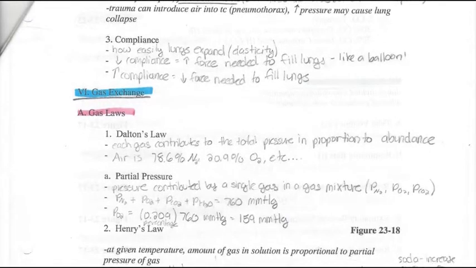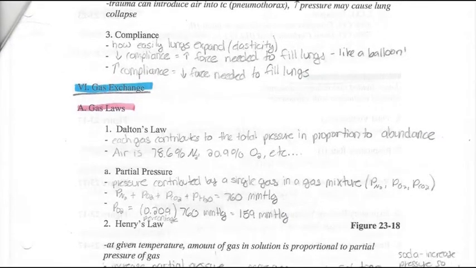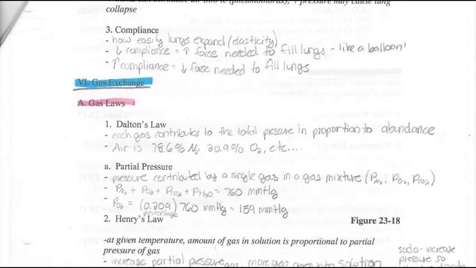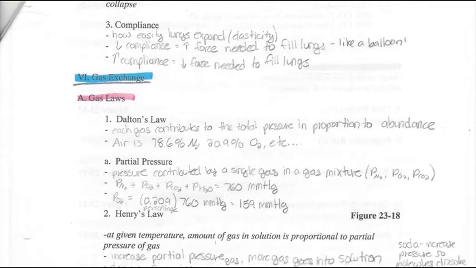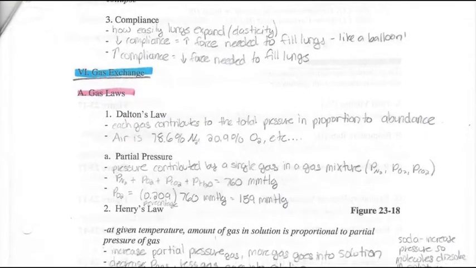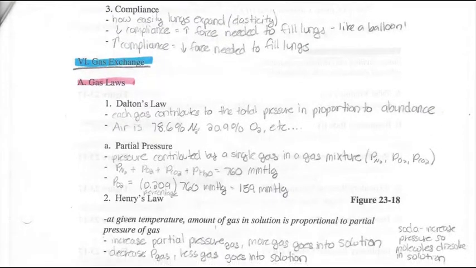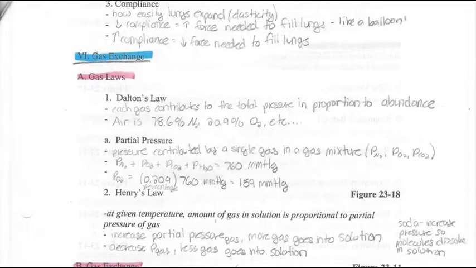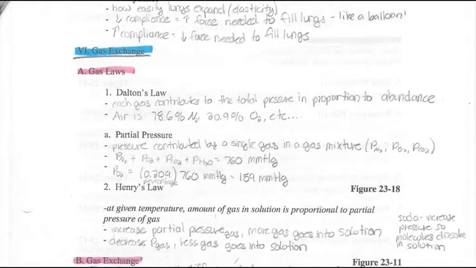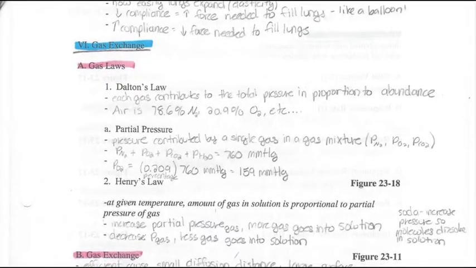1. Dalton's law. Each gas contributes to the total pressure in proportion to abundance. Air is 78.6% nitrogen, 20.9% oxygen, etc. A. Partial pressure. This is the pressure contributed by a single gas in a mixture.